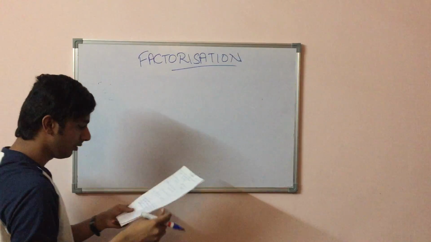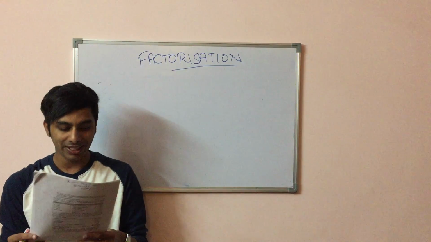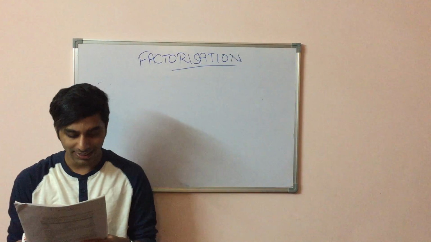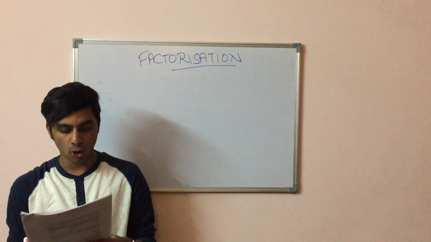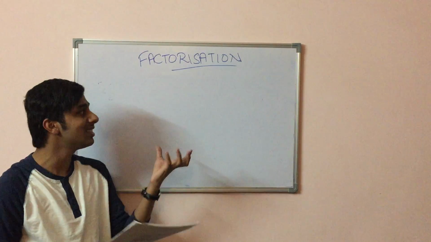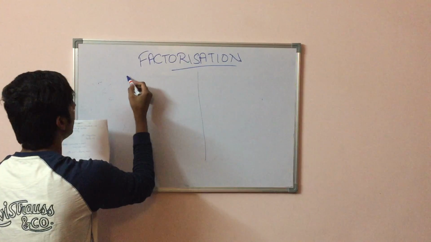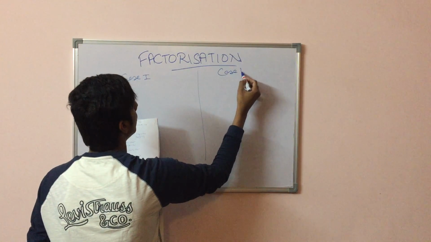The question was that Rohan bought 2 fans for rupees 1200 each. He sold one at a loss of 5% and the other at a profit of 10%. Find the total profit or loss. In this question, you have to take out the total profit. This is solved in the form of 2 cases. Case number 1, case number 2.